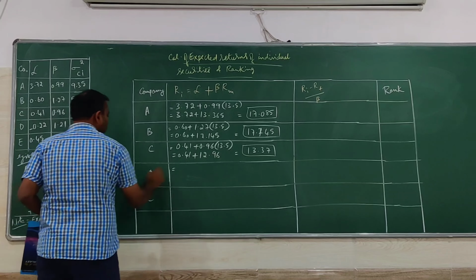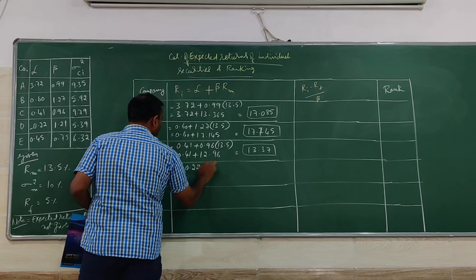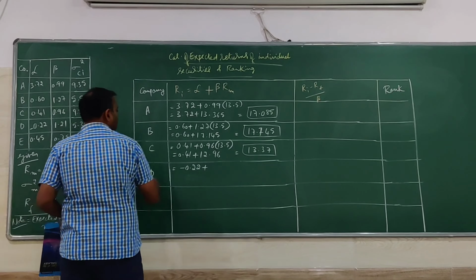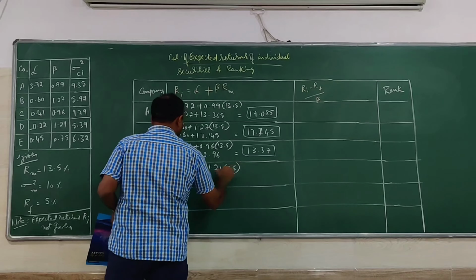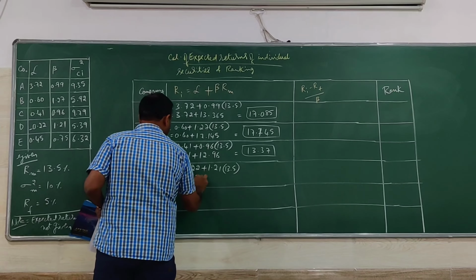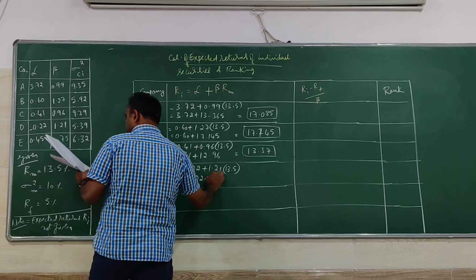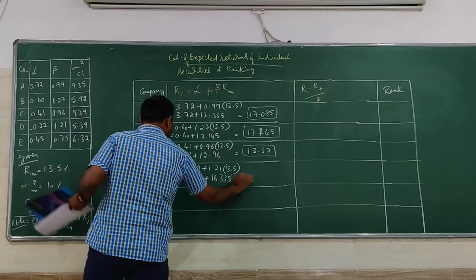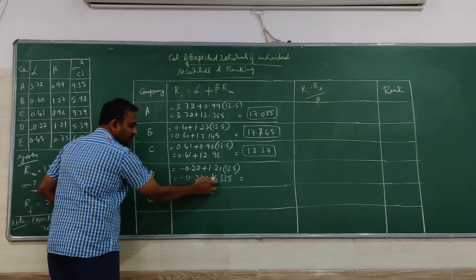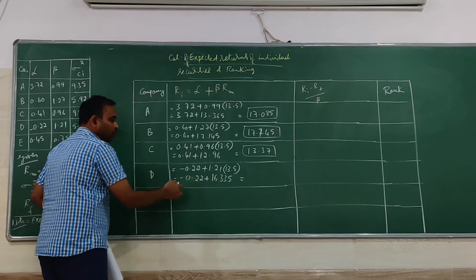Next for D, alpha is 0.22 in minus value, beta is 1.21 into 13.5. So minus value is here, we have to be careful. One is plus value, one is minus value. 16.335 minus 0.22.